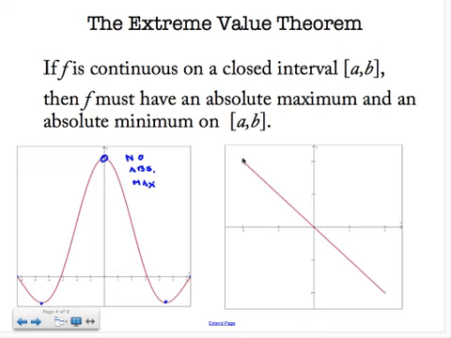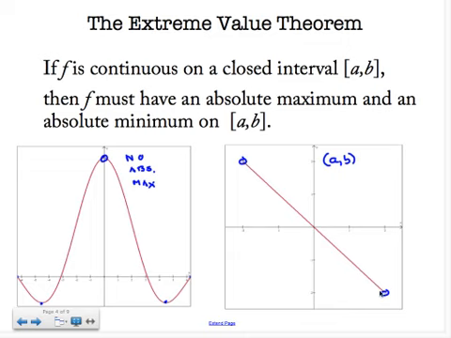Now, this function has open circles at both of its endpoints. So this function is not continuous, and it's also not defined on a closed interval [a, b]. It's defined on an open interval (a, b). And for the same reasons, this function does not have an absolute max, because it would be where this open circle is, but there's no dot there, and we can't say there's a number right before where that dot would be.